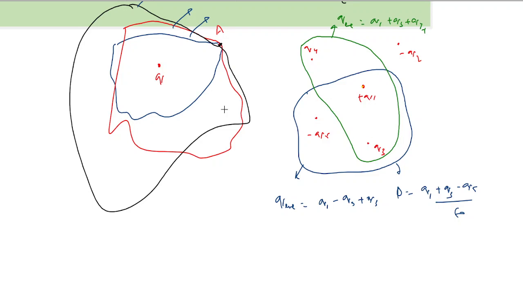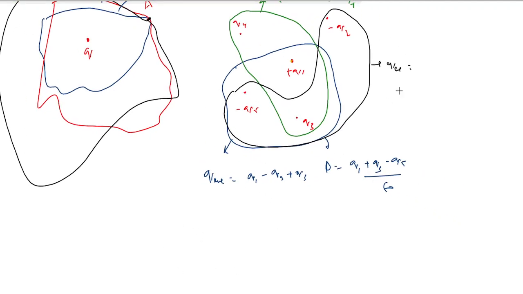If you look at a configuration like this, the charge enclosed would be Q3 minus Q2 and minus Q5. So the flux through this black surface would be Q3 minus Q2 minus Q5 by epsilon naught. So this is what is meant by Q enclosed. It is only those charges which are enclosed in a Gaussian surface.